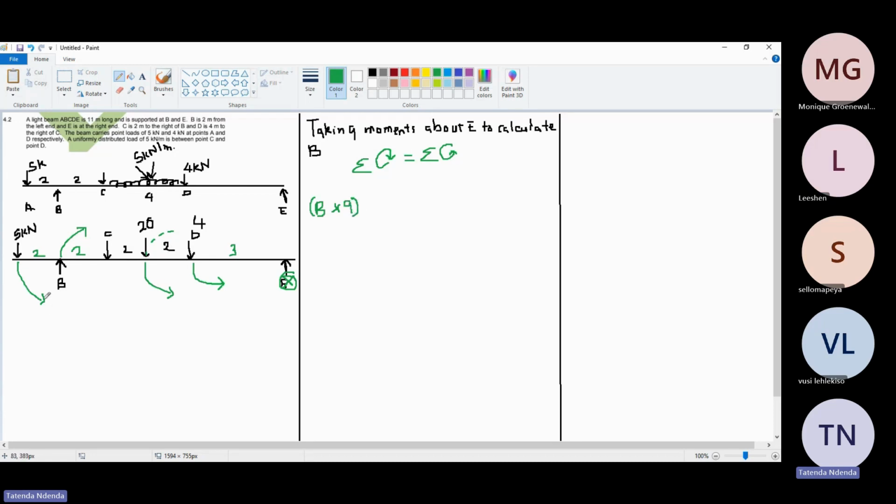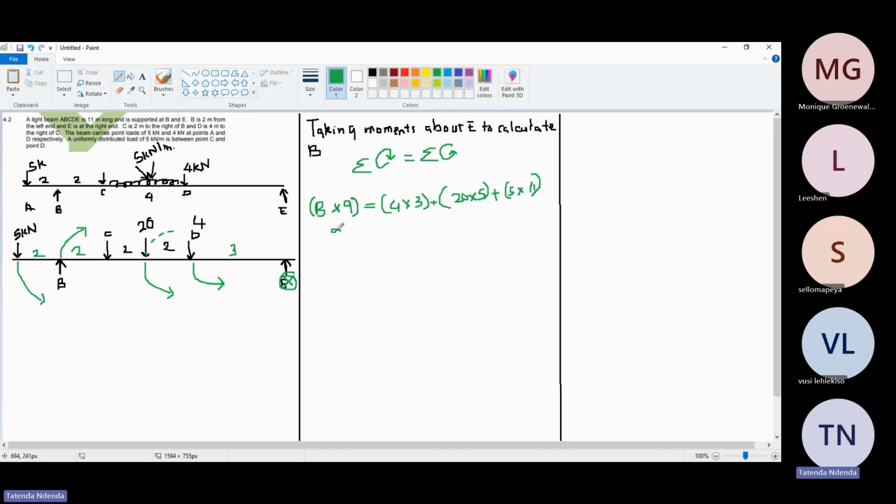We don't have any other clockwise moment, so we have to equate this to 4 multiplied by 3, then we add 20 multiplied by 5, then we add 5 multiplied by 11.